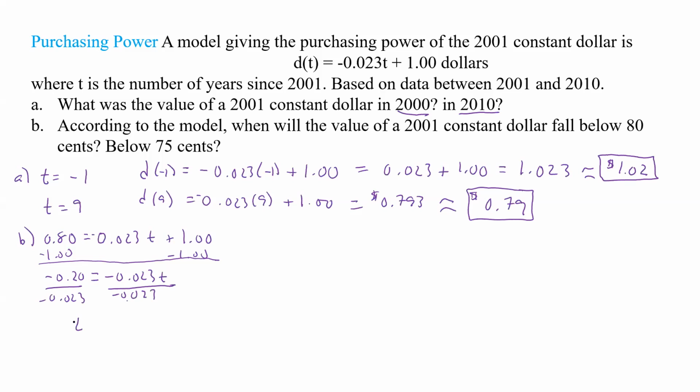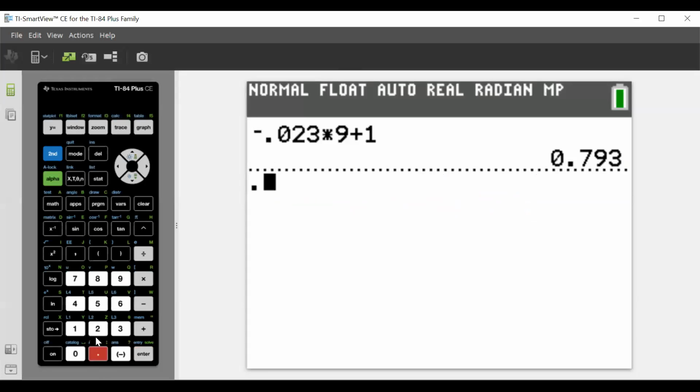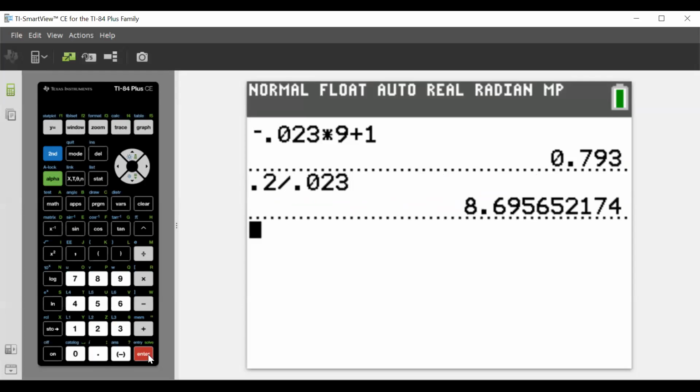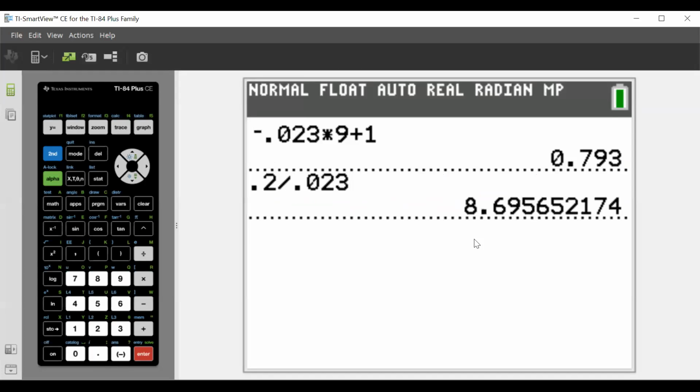And so t is equal to what? Well, 0.2 divided by 0.023, and we get 8.69565. Now, that is going to be in years.